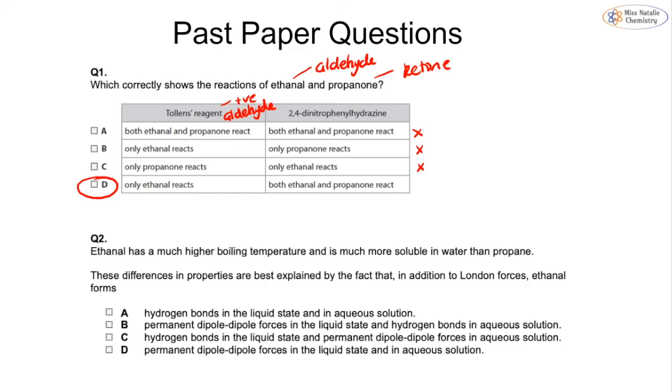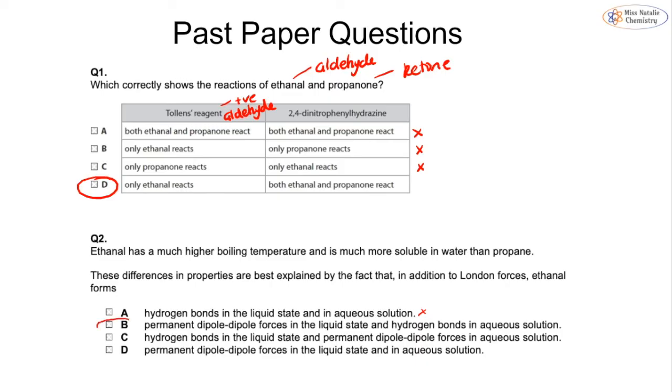We want to now compare ethanol to propane in terms of its boiling temperature and its solubility, and the difference in these properties is best explained by the fact that in addition to London forces, ethanol can also do what? So it can't be A, which says ethanol cannot make hydrogen bonds. We've said that it has a hydrogen connected to a very electronegative atom, so it can make hydrogen bonds. We know that we've got permanent dipole-dipole forces being present, and we can also make hydrogen bonds in an aqueous solution because we're making hydrogen bonds with water.